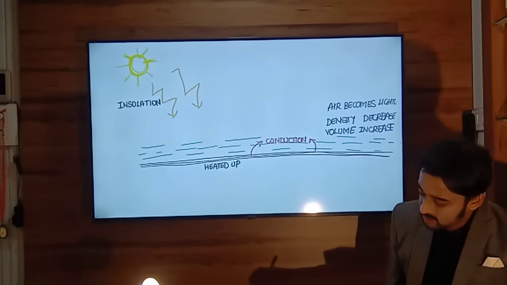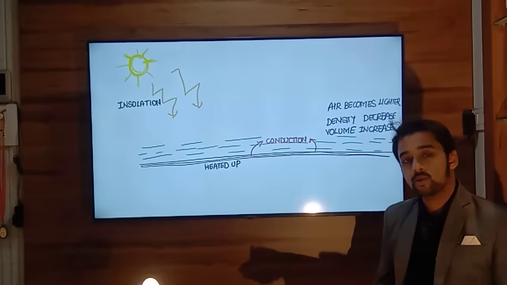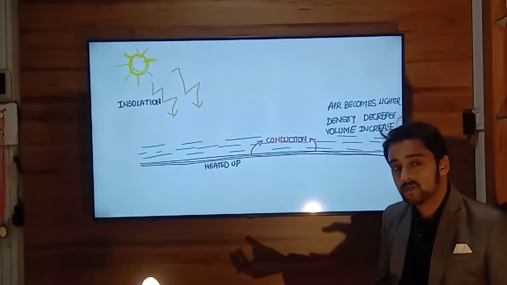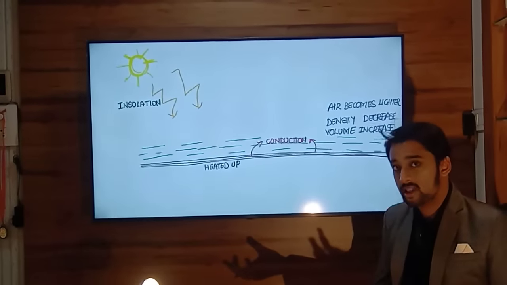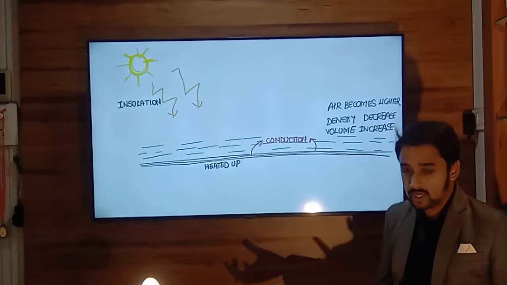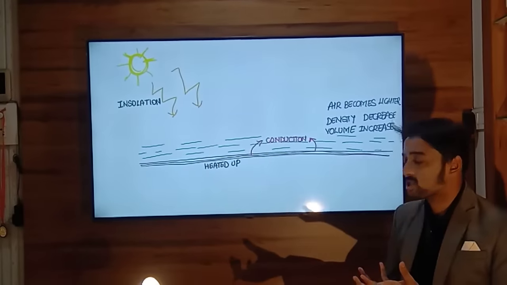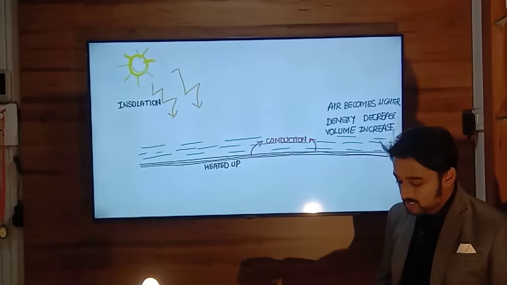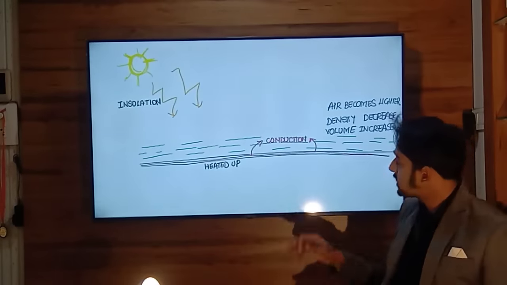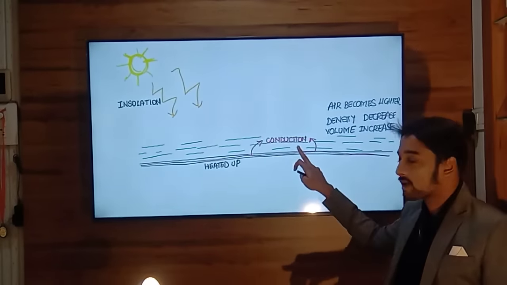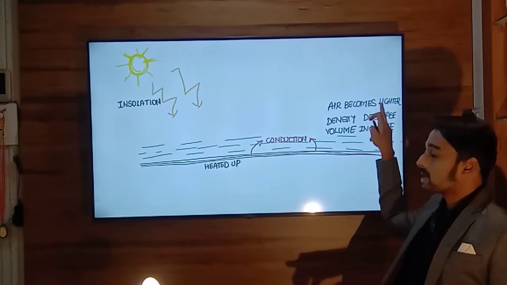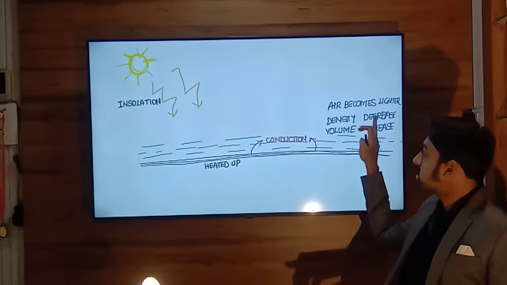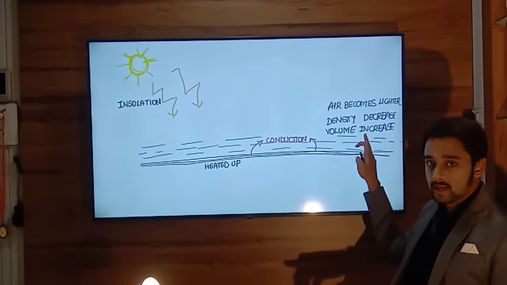Any lighter object will rise, and to replace it a heavier object will come down. A heavier object sinks, but a lighter object floats. By the same logic, this layer of air due to conduction heating will become lighter and lighter as long as this heating intensifies. Its density has decreased and its volume has increased.